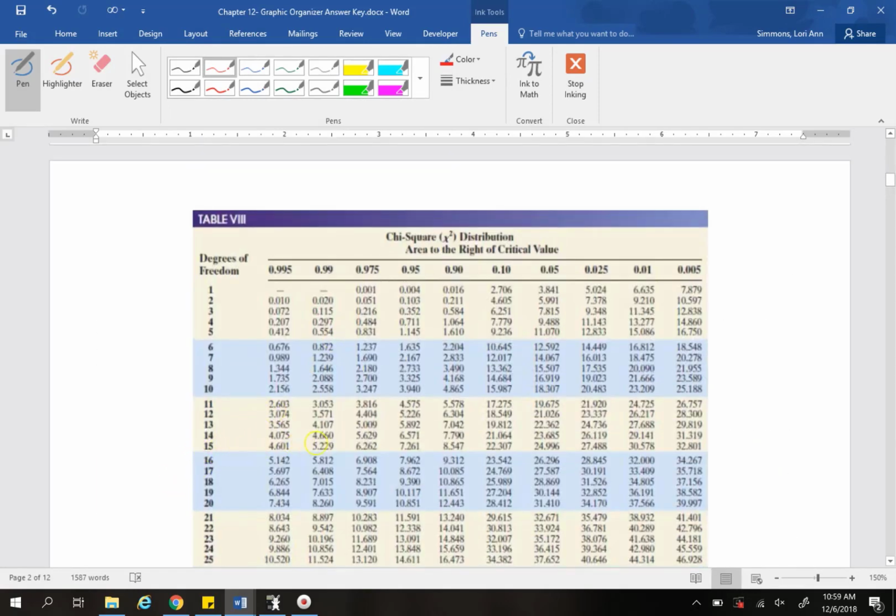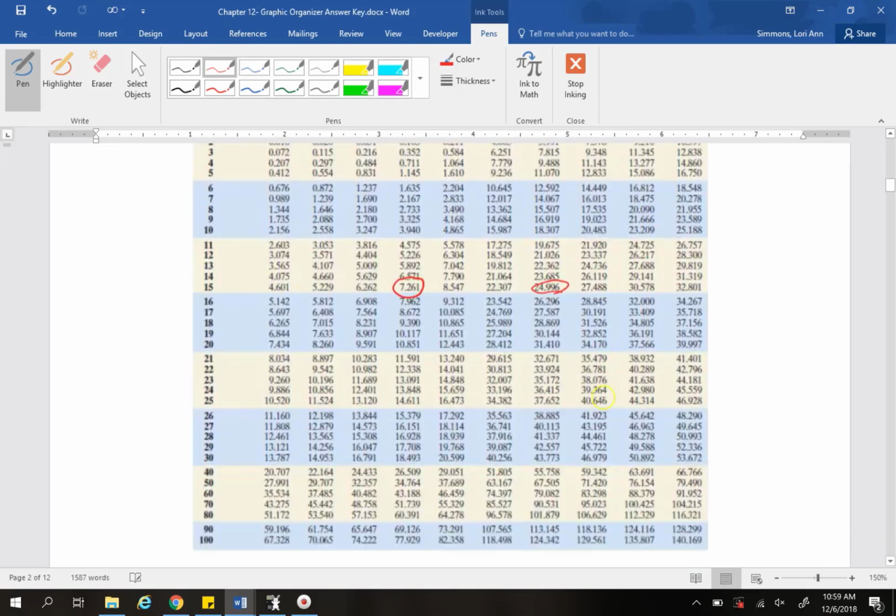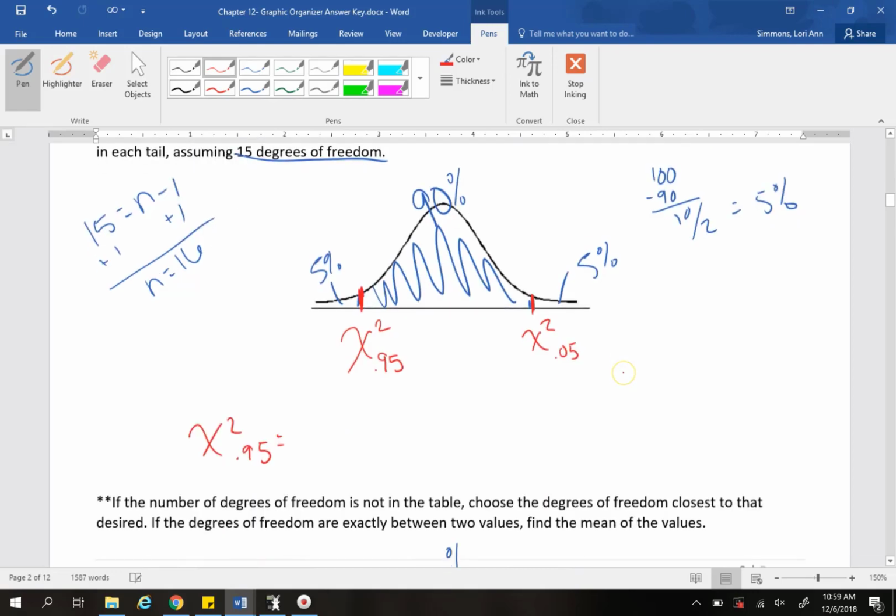We have 15 degrees of freedom, and then find 0.95, so 7.261. And then our other one is 15 degrees of freedom for 0.05, 24.996. And these should be in order, right? Smallest, largest.